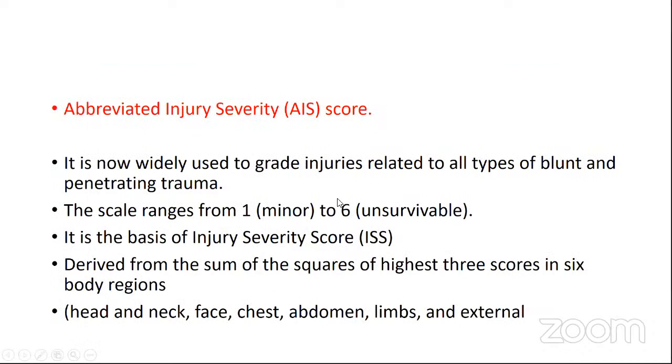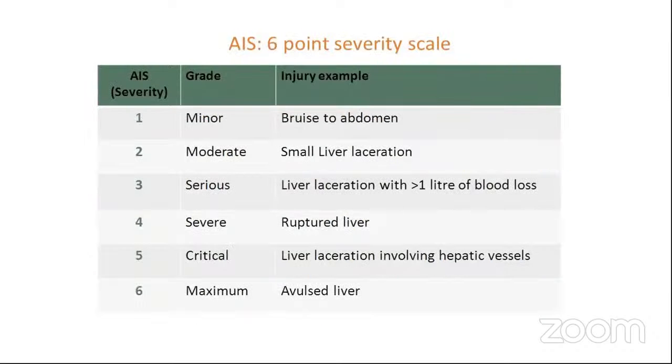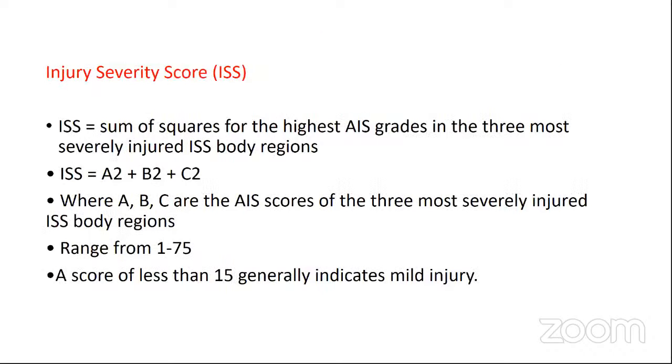Like that, if there is any injury over the chest, we have to calculate the AIS score of the chest. If there is a facial injury, we calculate the AIS score of the face, and if there are limb injuries, we go for the AIS score of limbs. We have to calculate all the AIS scores, and then we calculate the ISS. The ISS is the ultimate, last confirmatory scoring system, based on the AIS score.